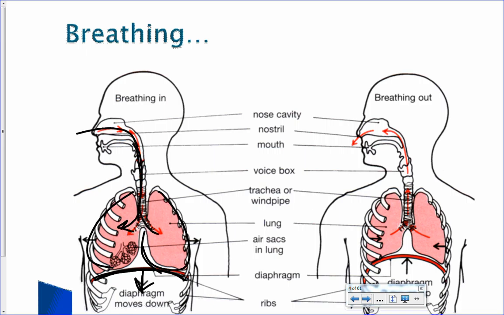So when you're breathing in, when you inflate your lungs, it's actually a muscle that's increasing the volume of your chest cavity and forcing that air down. Then when you breathe out, that diaphragm goes the other direction and squeezes your chest cavity, and so your lungs deflate and that air comes back out.